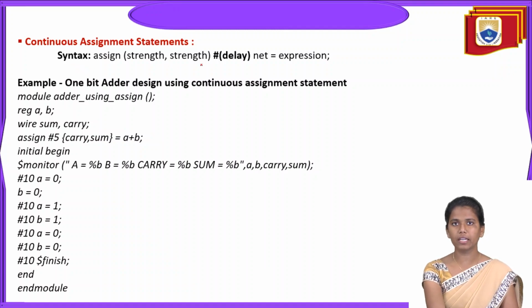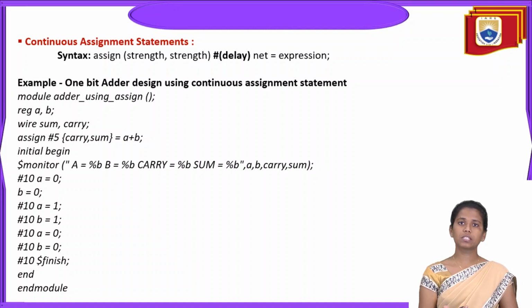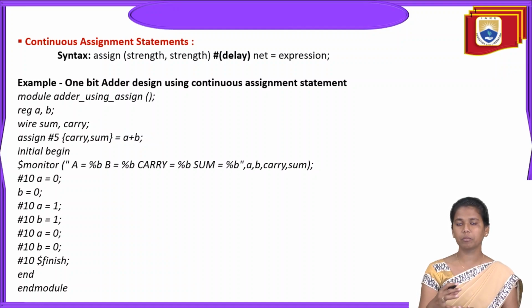Now we will see the syntax with respect to strength and delays. Strengths and delays are important topics that we discuss in data flow modeling. Strength is calculated based on the number of gates that you are considering. Delays are nothing but how much delay is observed between the input and output. This is the difference between strength and delays.